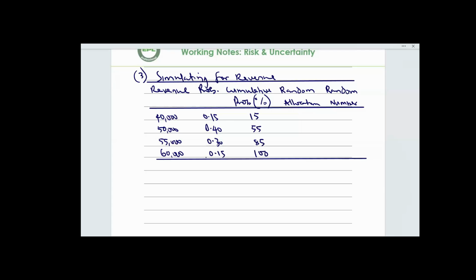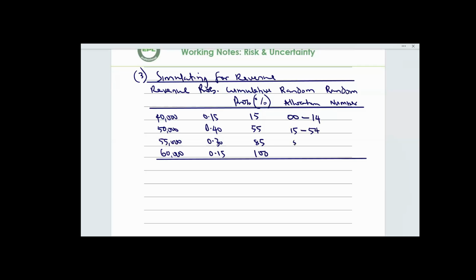Next, we want to determine the random allocation. You have to start from 0. So, like I said, your random allocation is just like class interval. So 1 to 15 gives us 0 to 14. After 14 is 15 to 54.